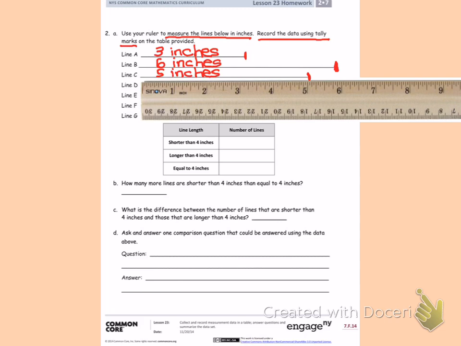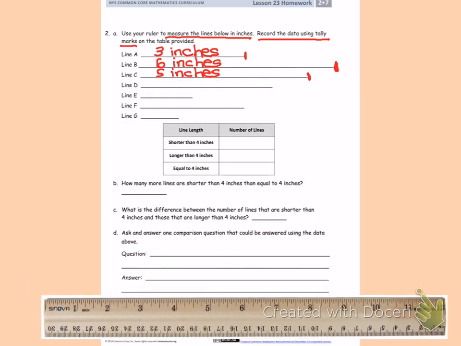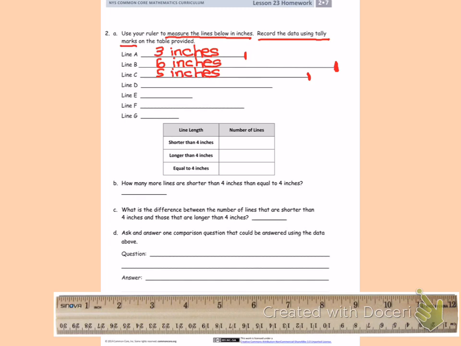I'm going to let you do lines D, E, F, and G on your own. Next, I need to put the tally marks on the table. Line A is 3 inches. 3 inches is shorter than 4 inches, so I'll put a tally mark here.